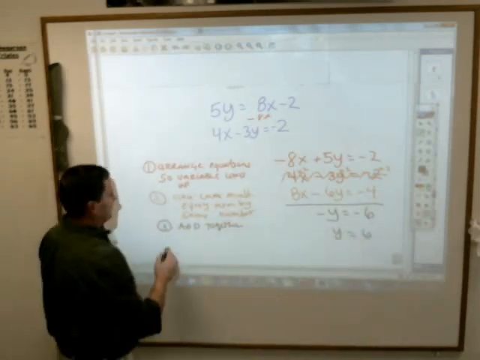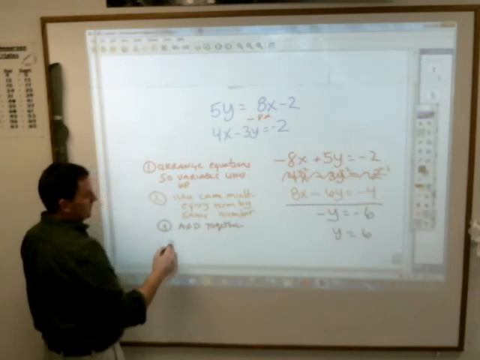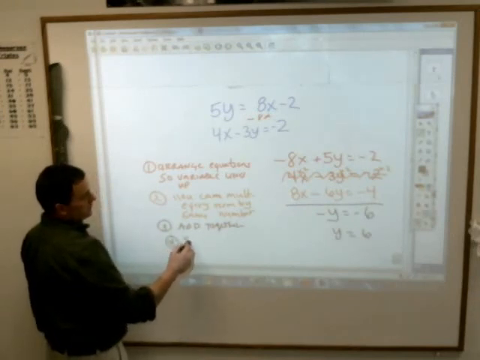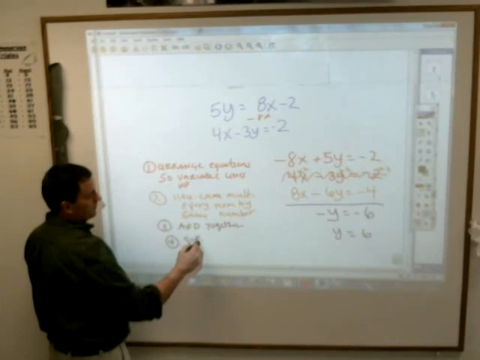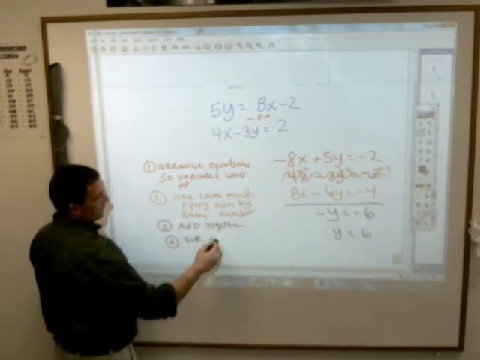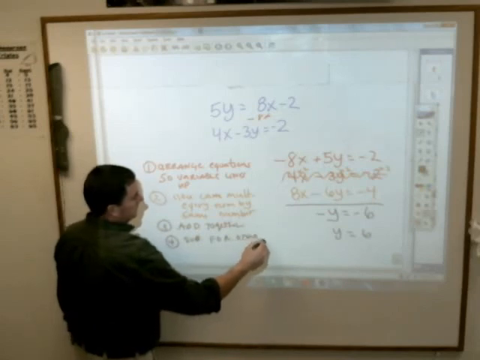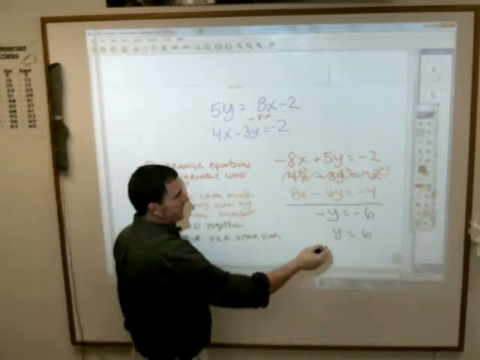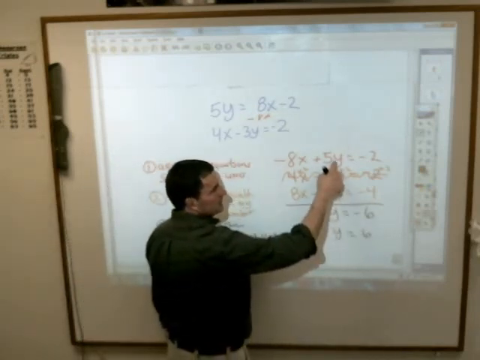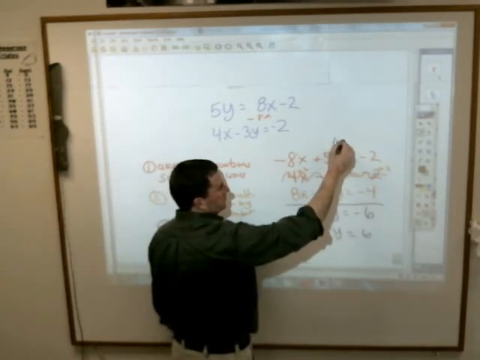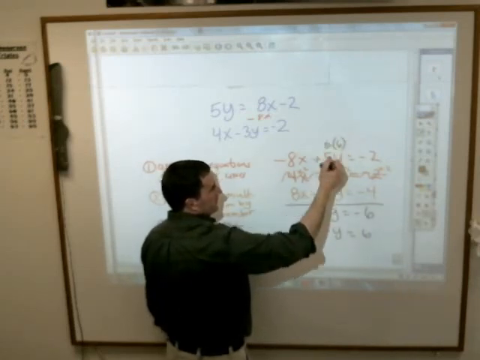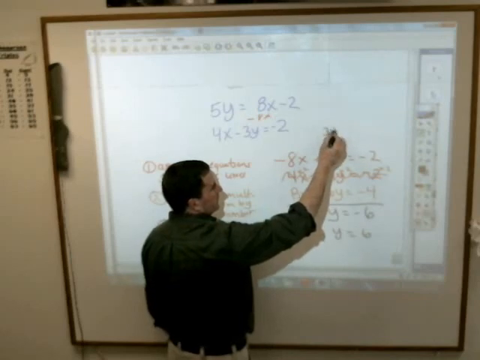And then your last step is always to substitute in and find the other letter. Substitute for the other variable. So I need to take my positive 6 for y, put it in for y, doesn't matter which one, and then solve for x. 5 times 6 is 30.